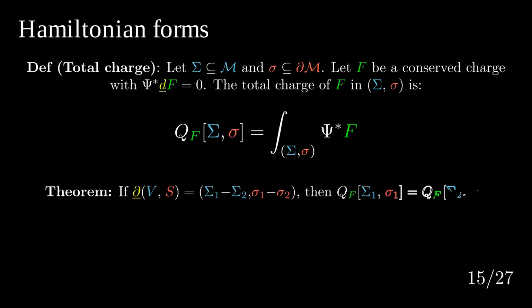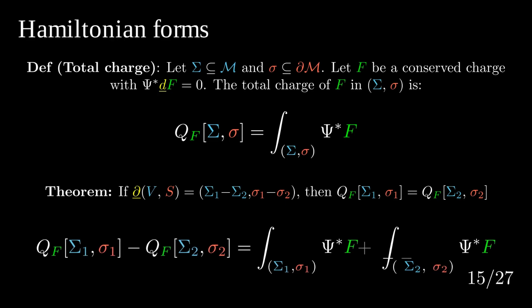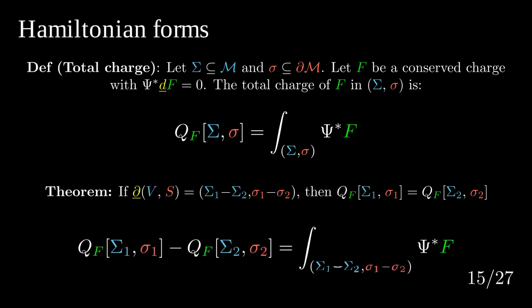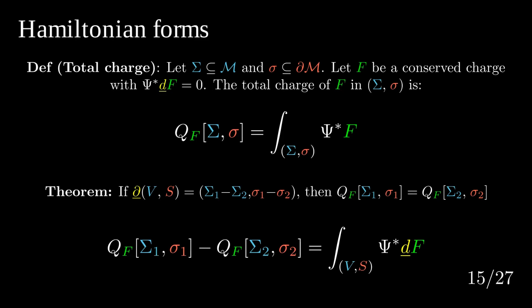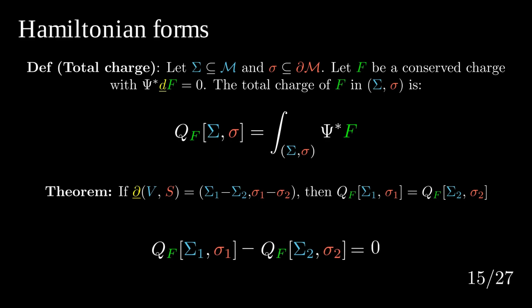There is a theorem on the conservation of this total charge that says that if two submanifolds surround some volume, then their charges are going to be equal, which is easy to prove just by the definition and using a brief computation with Stokes' theorem. This first term is zero by assumption because this is a conserved charge, so the charges are going to be equal. This is very interesting in physics.